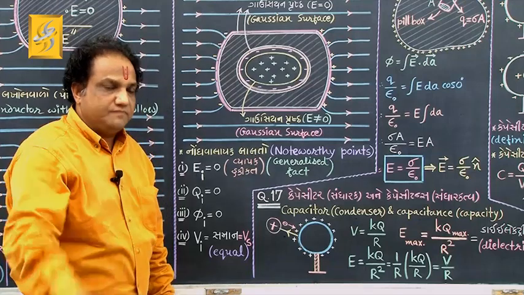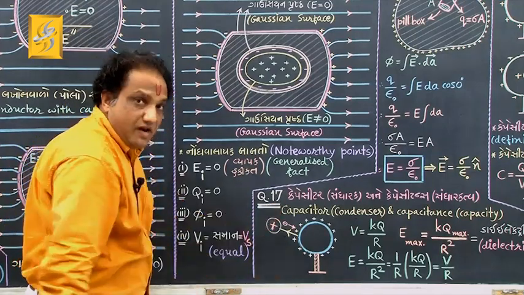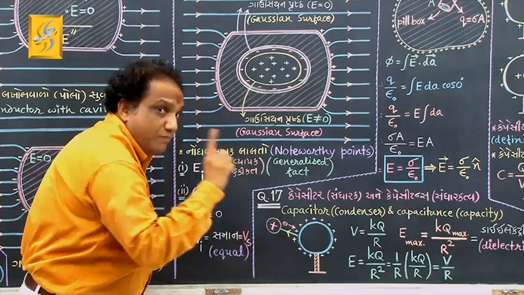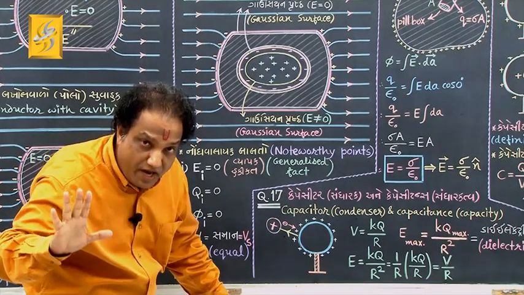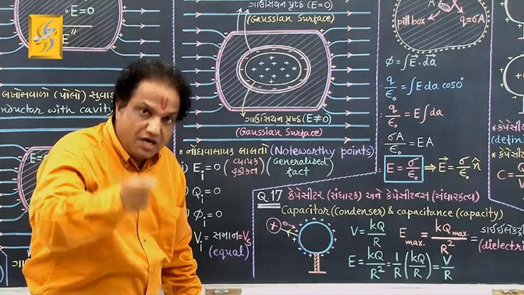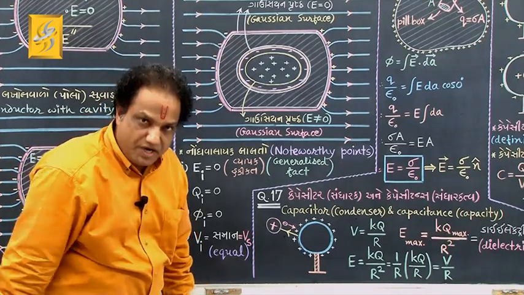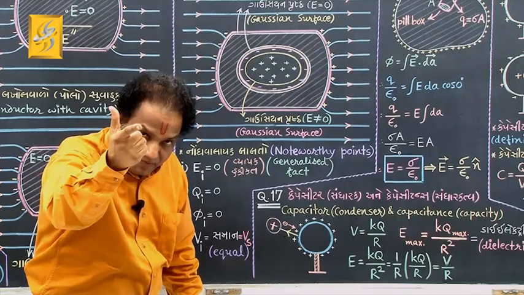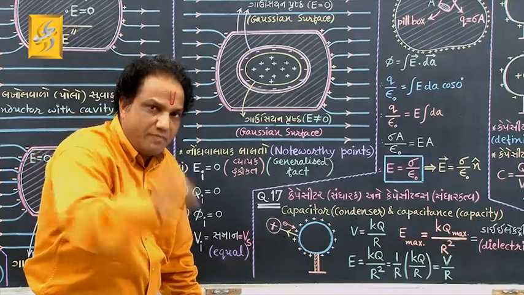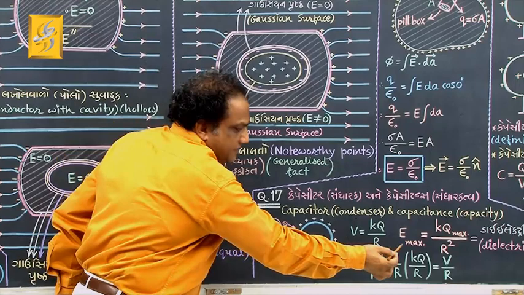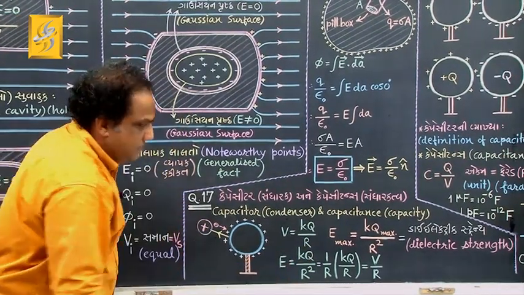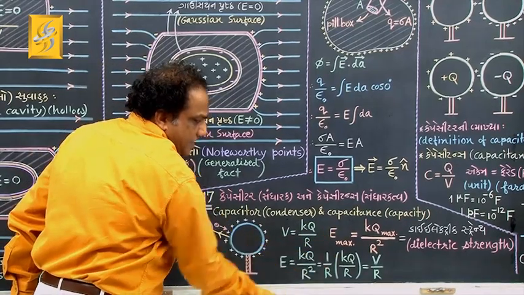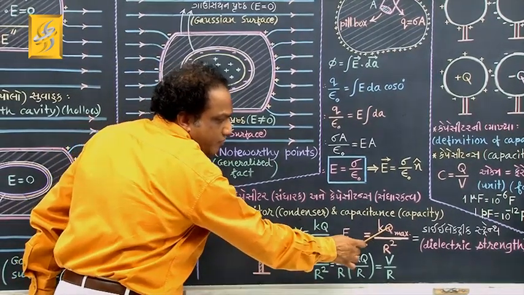Correct? Fine. The maximum electric field applied on the surrounding medium till which its constituent particles do not get ionized is known as the dielectric strength of the medium. Dielectric strength of the medium is nothing but the maximum electric field. When charge is maximum, naturally electric field will be maximum. So I am writing here E maximum, and instead of Q I am writing Q maximum.